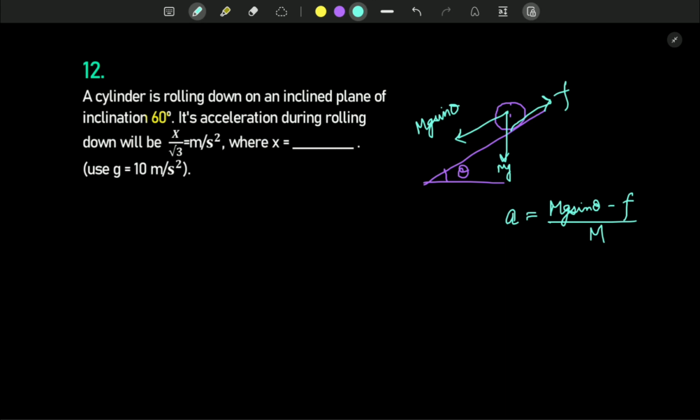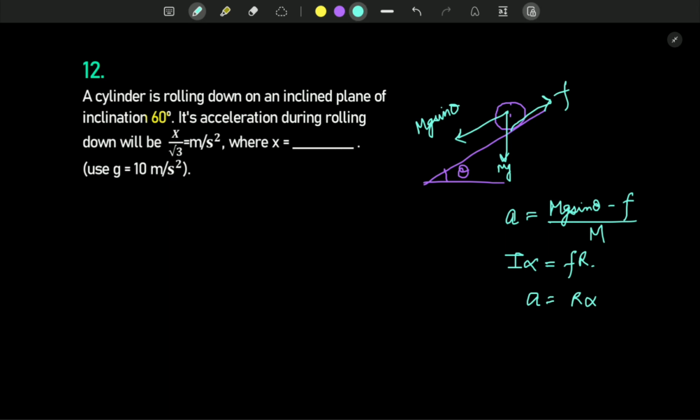This is our acceleration. We also know that I alpha equals torque, and torque is due to the frictional force, so Fr. And since this ball is performing pure rolling, I will use the condition for pure rolling, a = R alpha.